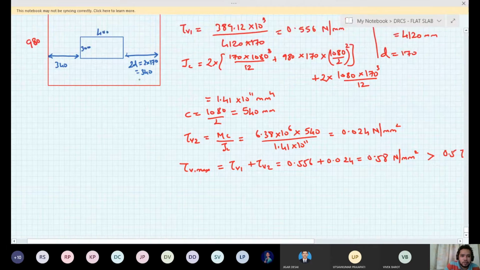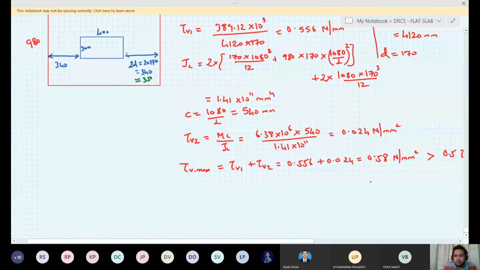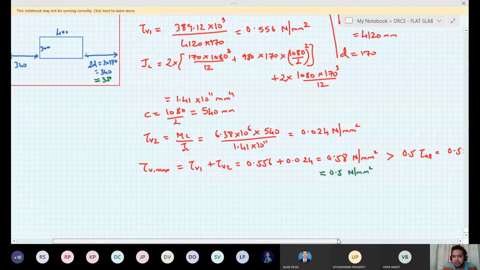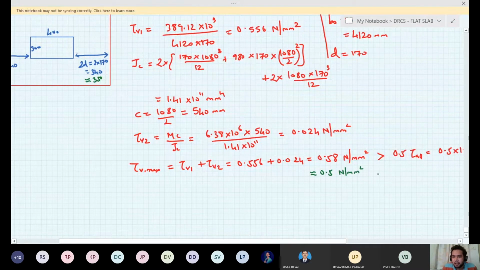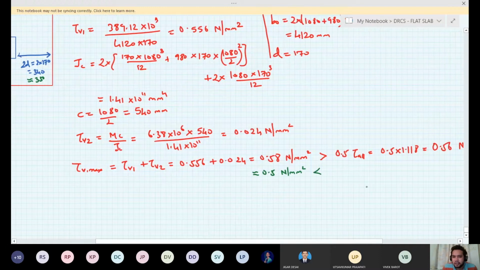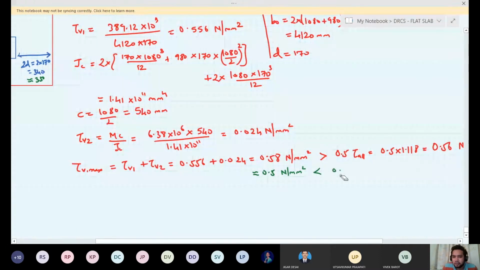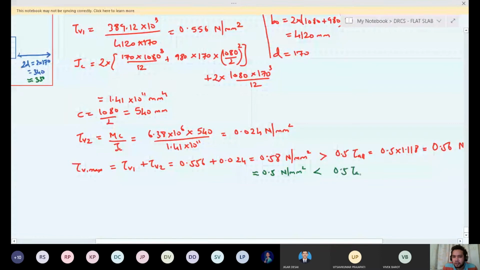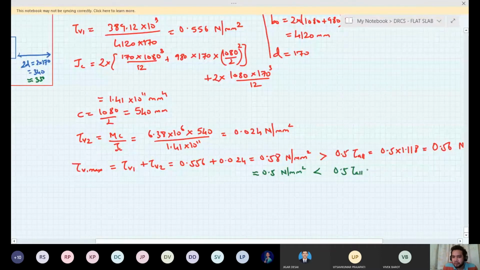You can just verify on your own. At 350 distance, you can verify that this value will be around 0.5 Newton per mm square, and at that point this will be less than 0.5 tau allowable, equal to 0.56 Newton per mm square.